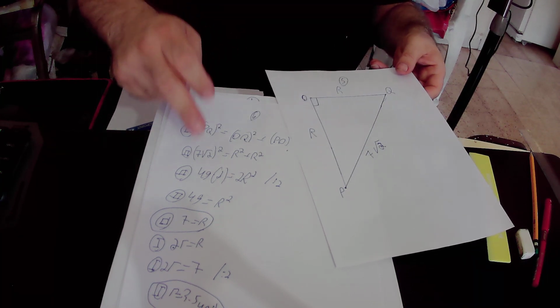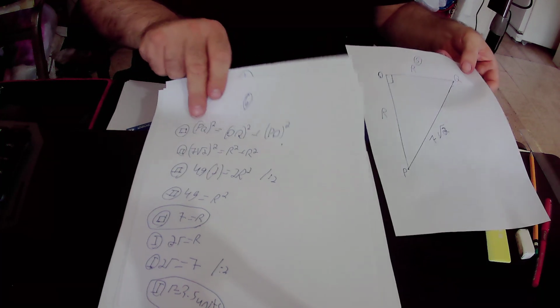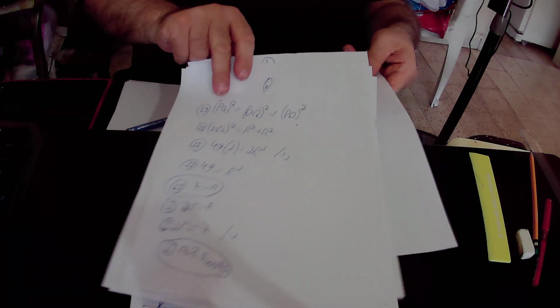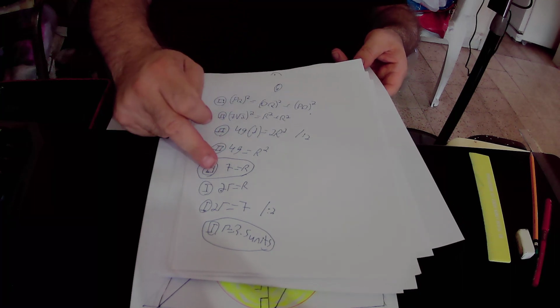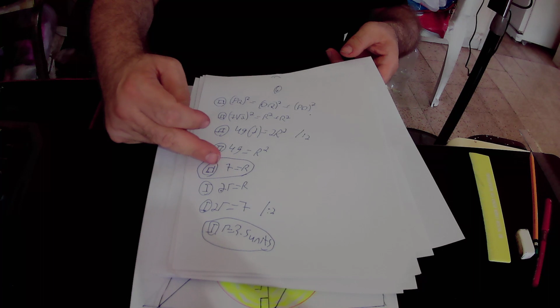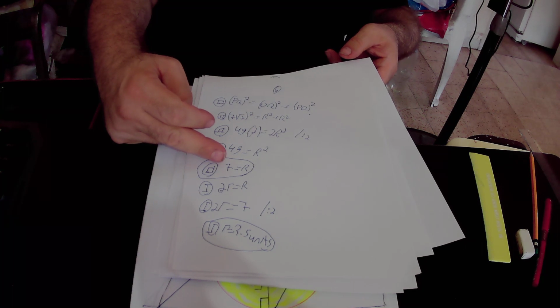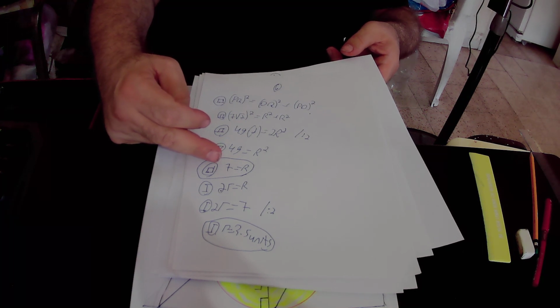and we got that capital R equals 7 units, but according to equation number 1, capital R also equals 2 times small r, so we can actually substitute capital R by 7 because capital R equals 7 units.